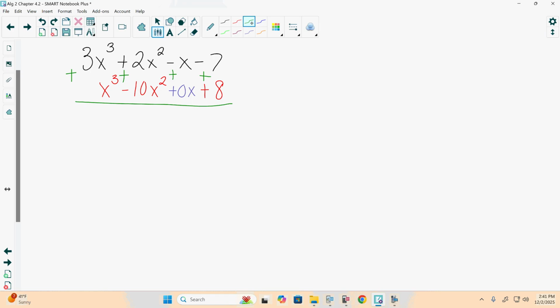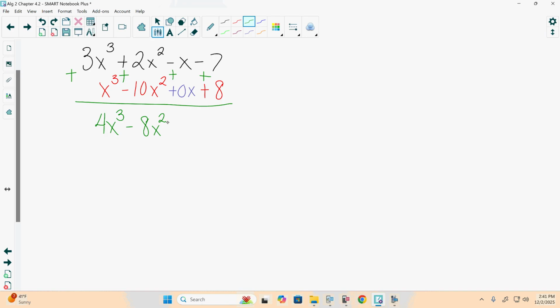So 3x cubed plus x cubed, 3 plus 1 is 4x cubed. 2x squared plus negative 10x squared, 2 minus 10 is negative 8x squared. Because with addition and subtraction, we're just adding or subtracting the coefficients. We're not doing anything to our variables.